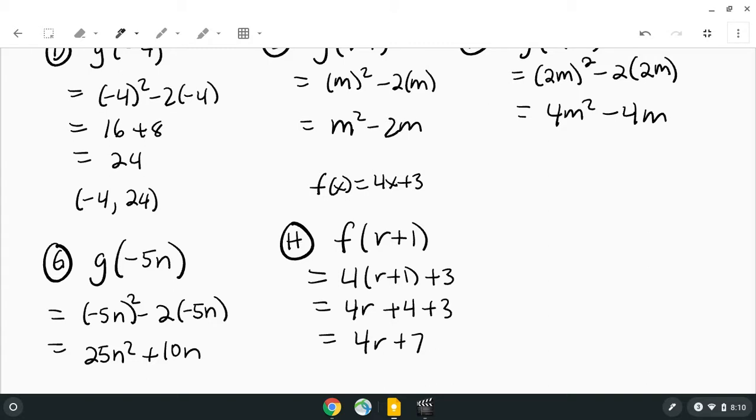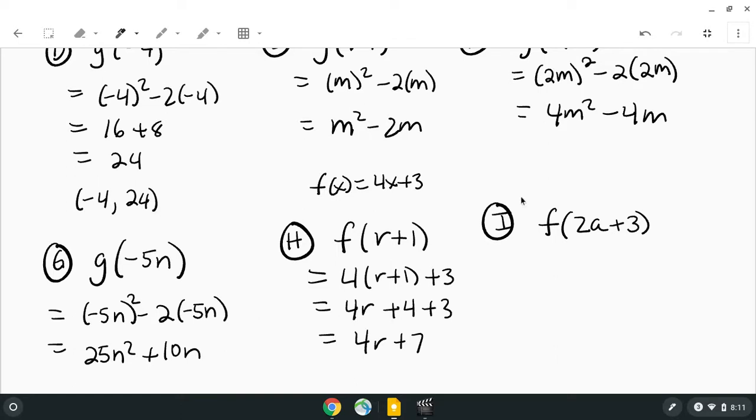Okay, all right, let's do one last one. You get to try this one. Try finding f of 2a plus 3.